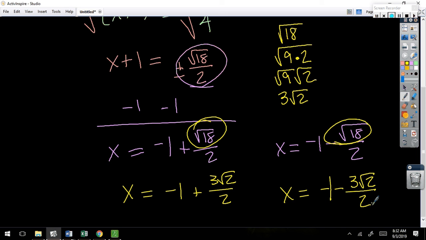Other questions about that? Do y'all need to see another example on simplifying that radical like that? No. Are you sure? I feel like some of you don't remember that. Simplify that radical.